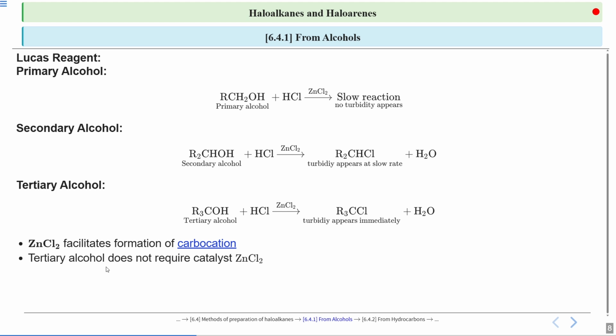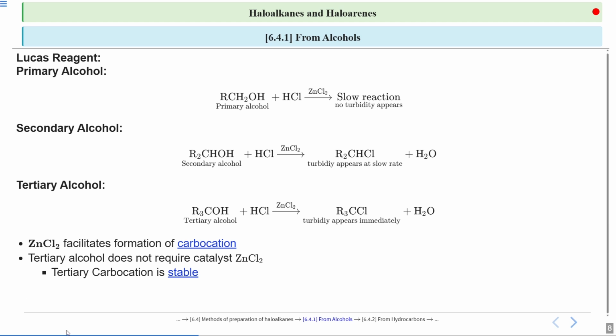So tertiary alcohols do not require the catalyst zinc chloride, and the reaction is conducted by shaking the alcohol with concentrated HCl at room temperature, and you will get the desired alkyl chloride from the tertiary alcohol. So the tertiary carbocation is very stable, because, you know, compared to the primary and secondary, the tertiary carbocation is really stable, right?